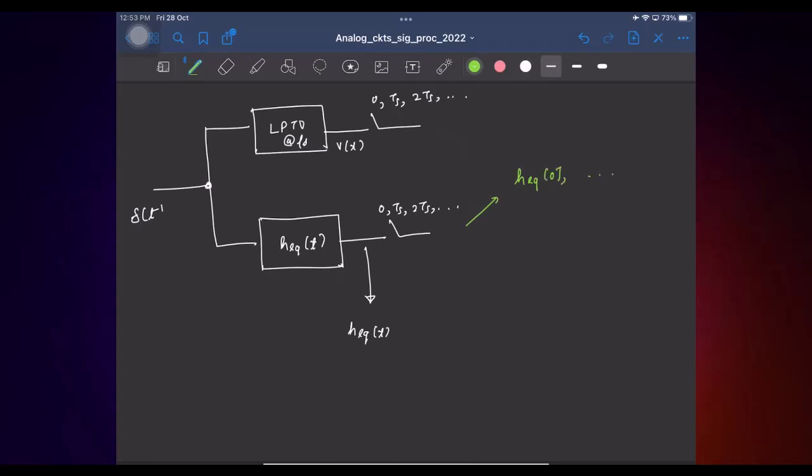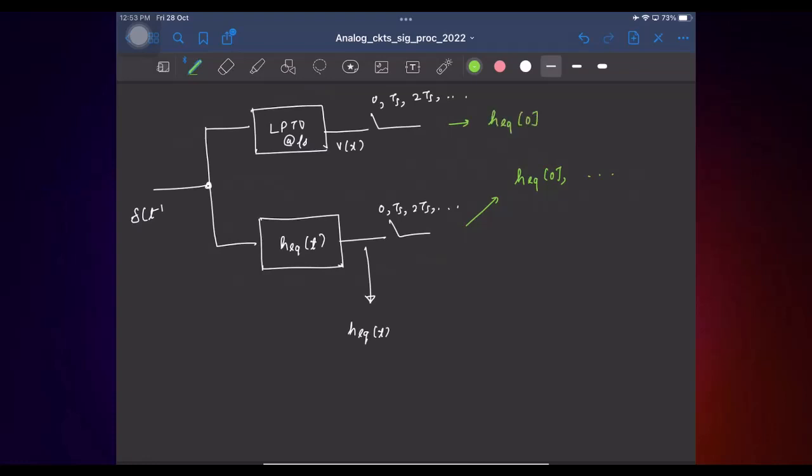I know for a fact that I can get these samples by observing the samples here. Okay, and remember, this is just a hypothetical network. The only network we have is this guy. And since we know that these two samples are equal, I can observe the sample here, and that directly gives me the first sample, H equivalent of 0.